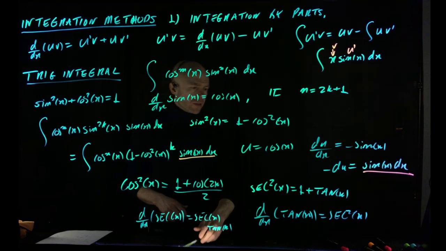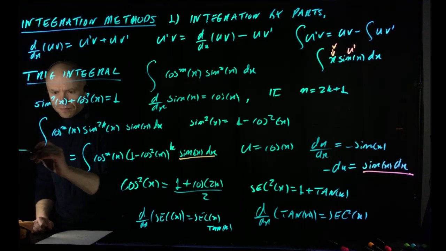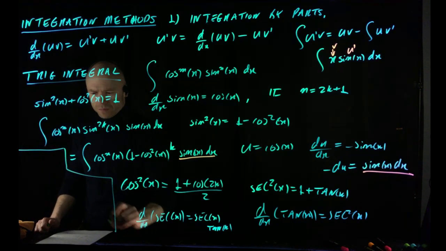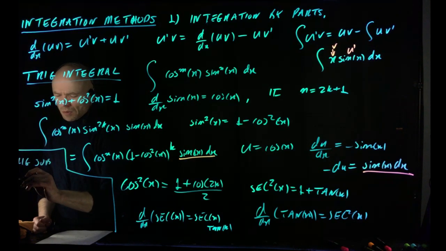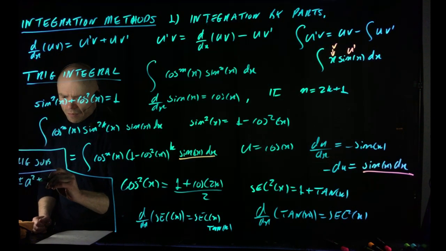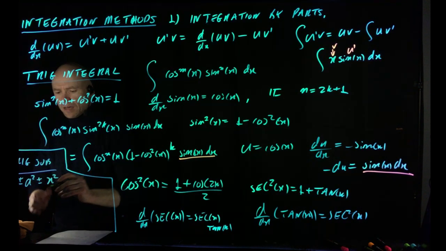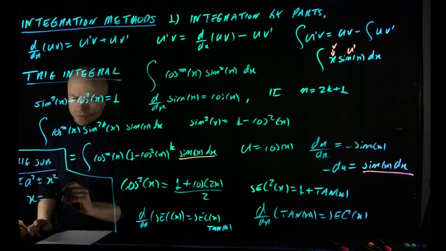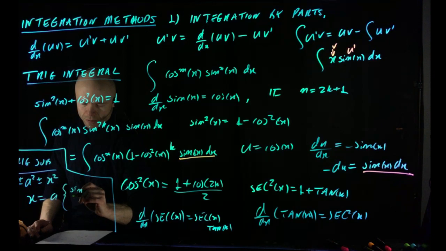Then we learned about trig subs. So let's try and squeeze this in. Trig subs. So this is when we had square root of plus or minus a squared plus or minus x squared. And then we had to choose some x is equal to a, and then one of three things, either sine, tan, or sec.